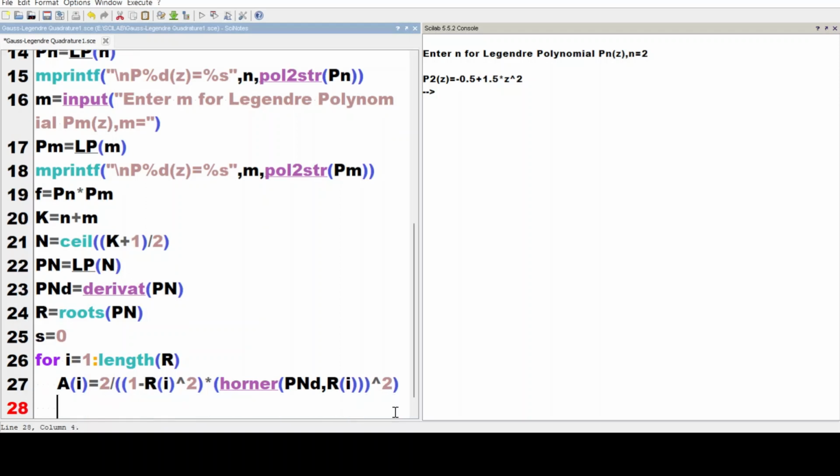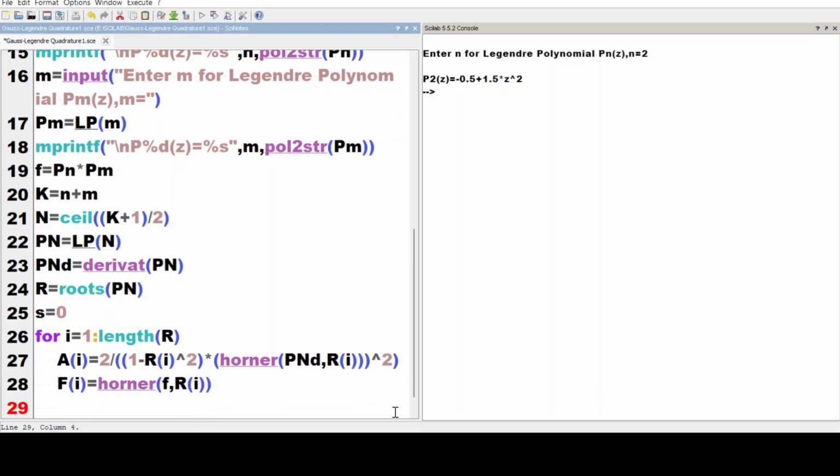That's it. Now we write fi is equal to horner f, comma r i. That's it. Now we write s is equal to s plus ai multiplied by fi.